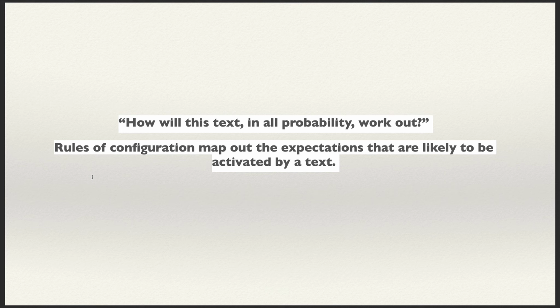So this question is really at the heart of configuration: how will this text in all probability work out? If you're in the middle of Children of Men, the movie, and our hero Theo has agreed to take on a quest and do something for his former wife and the mother of his dead child, who he still probably loves, even though in the first part of the movie he's seen to be somebody who doesn't care about anything and is just skating by.